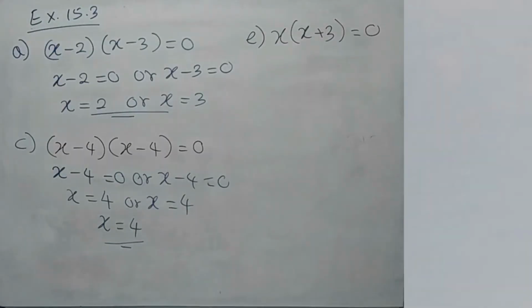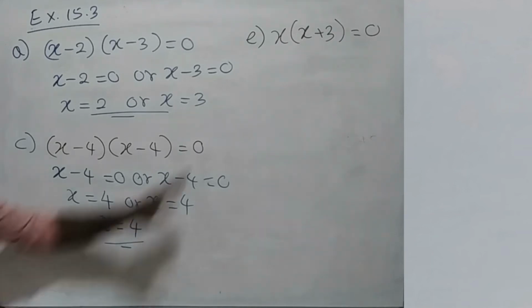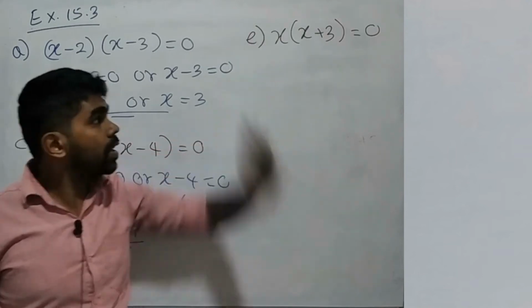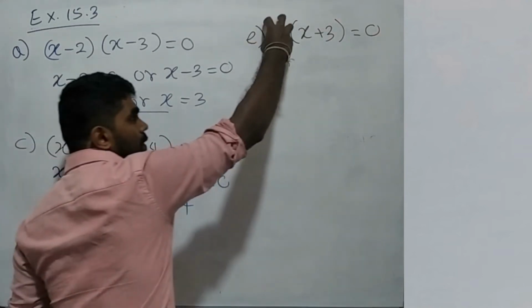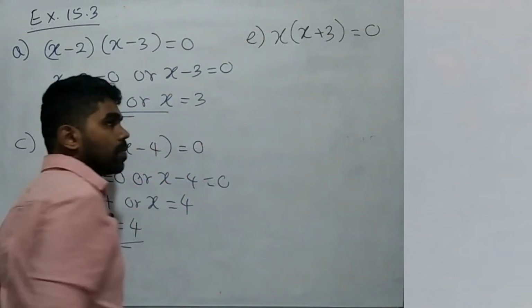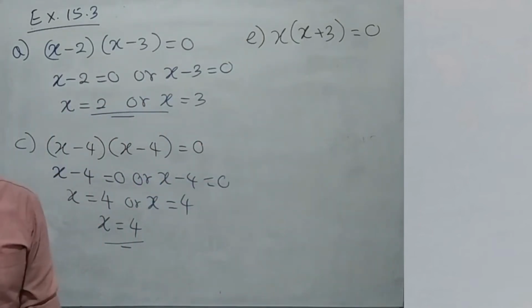Then part E, I will discuss part E. x times (x plus 3) equals 0. There are two terms, x is the first term and the bracket is the second term. And there is a product. The product is equal to 0.